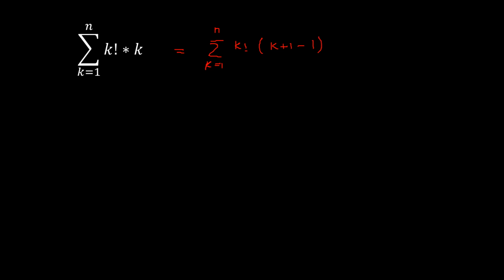Okay, so if I multiply k factorial with this, we get the summation k equals 1 to n of k plus 1 times k factorial, minus the summation k equals 1 to n of k factorial.